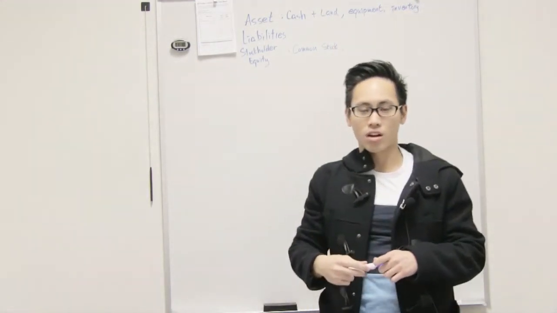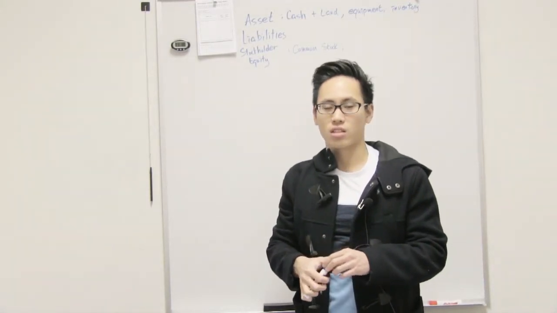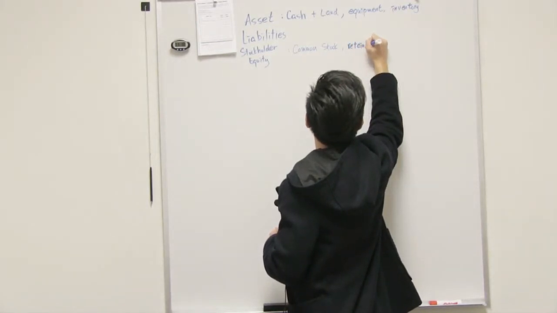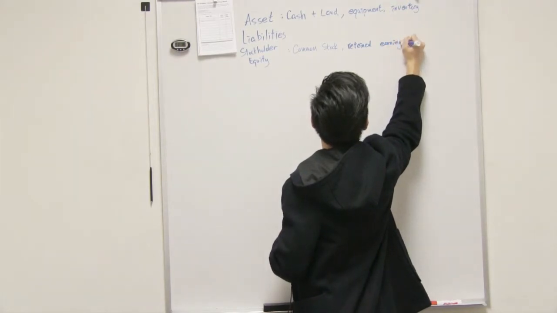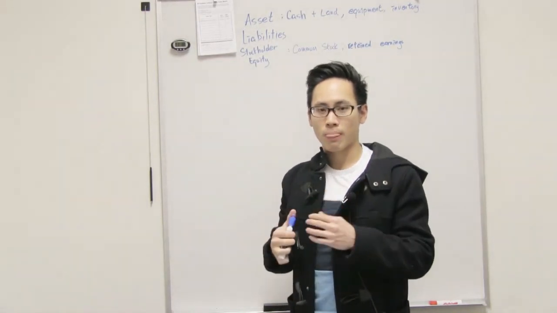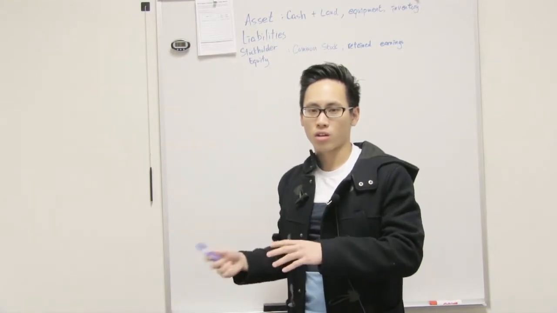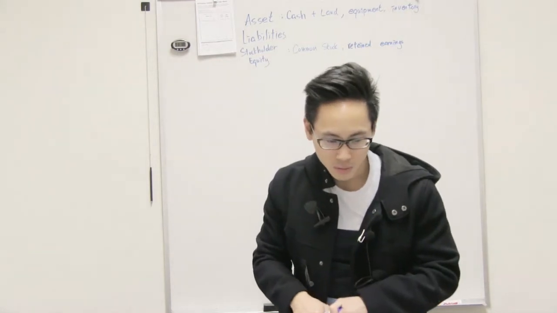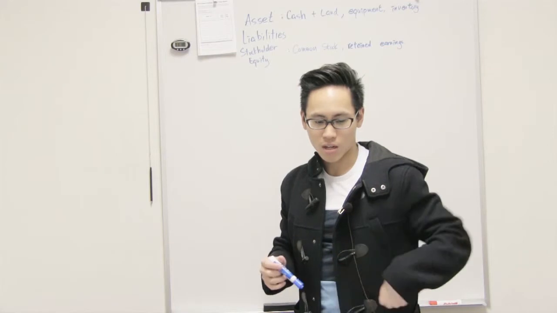And another part of stockholders equity is the retained earnings, basically the money that the company retained to keep within the company for further operations and investments. So that is the stockholders equity.